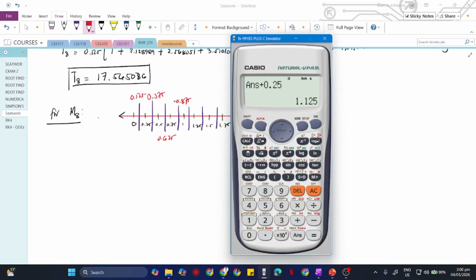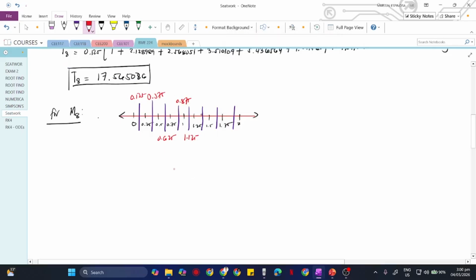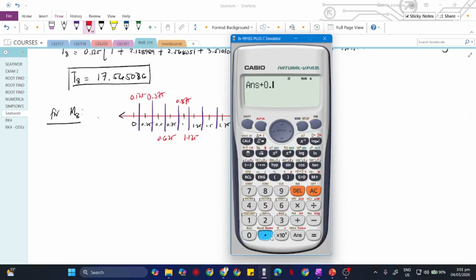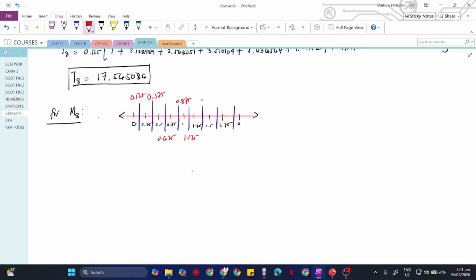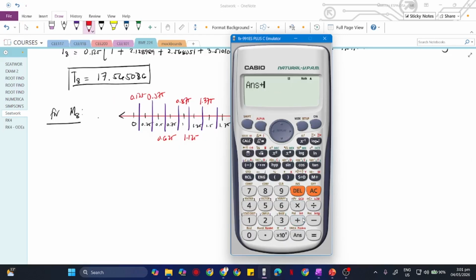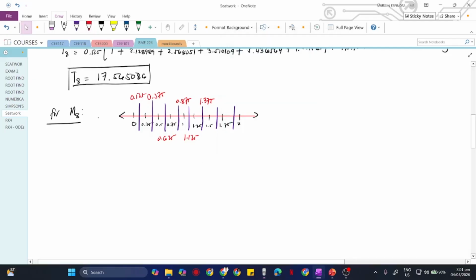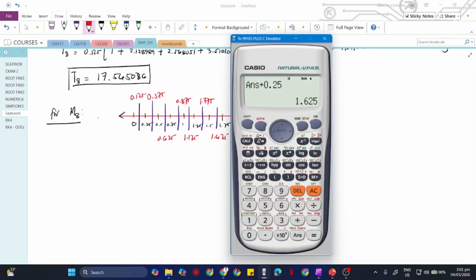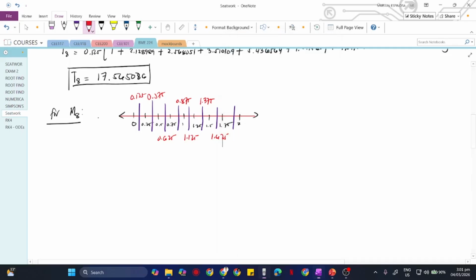We have 1.125 here. Then add 0.25, that is 1.375. Then add 0.25 again, so that is 1.625. Then lastly, add 0.25, that is 1.875. So those are the midpoints.